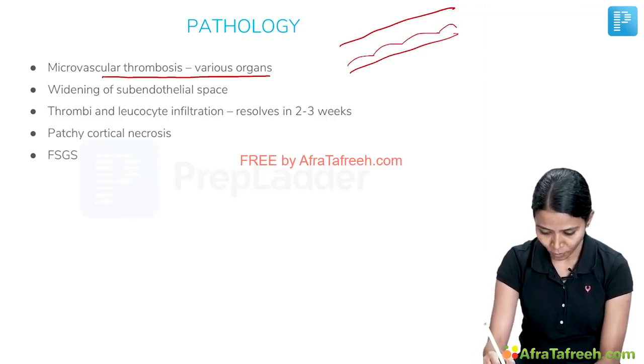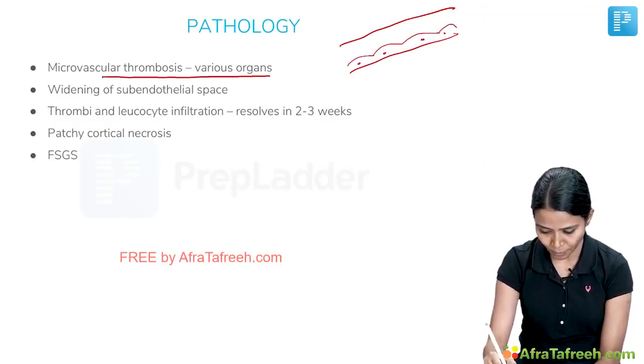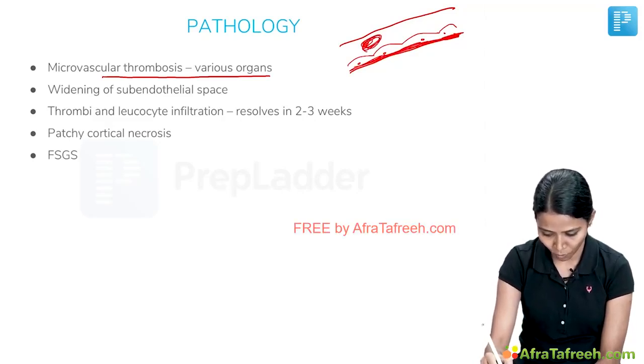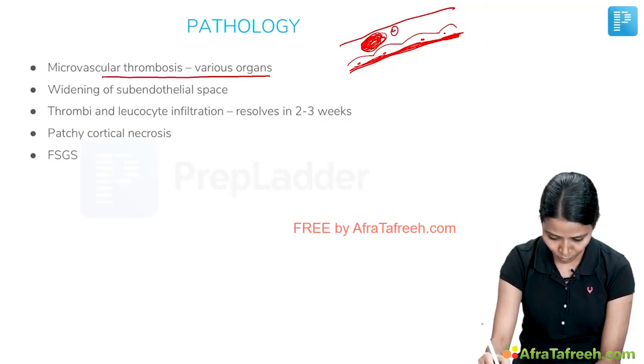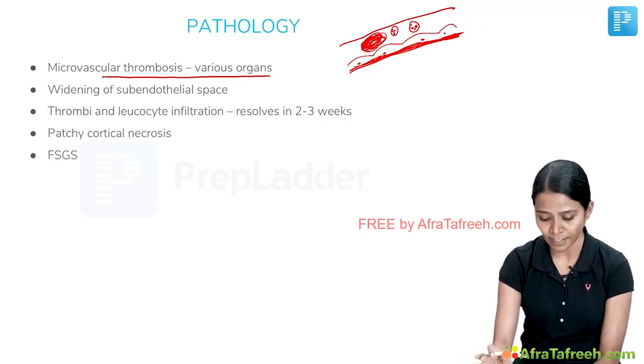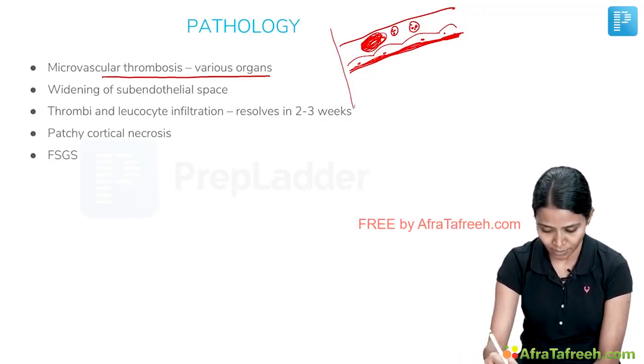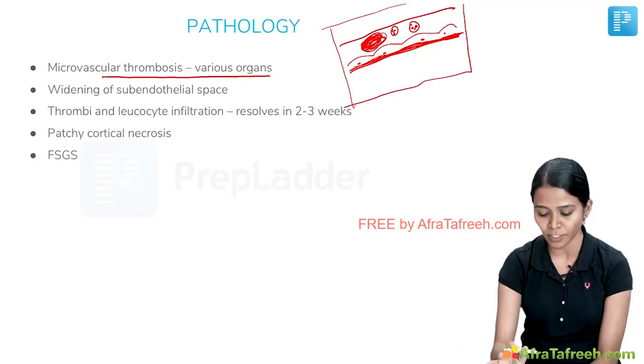Then there is widening of the subendothelial space. If this is a subendothelial space, there is so much inflammation that this space gets widened. Okay. And there is thrombi formation that we already know, and this will trigger inflammation. So leukocytes are going to be present. Okay. So leukocyte infiltration is seen in this area. So if you see a cut section, this is what you are going to see in a patient with TMA.